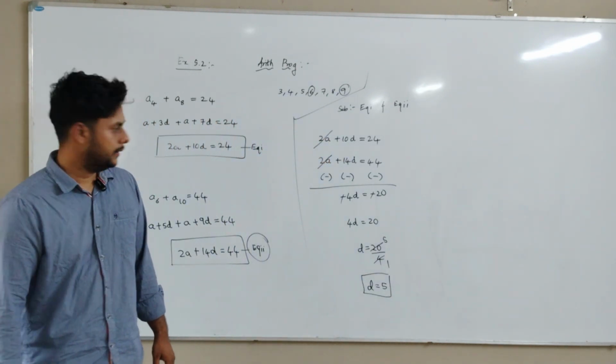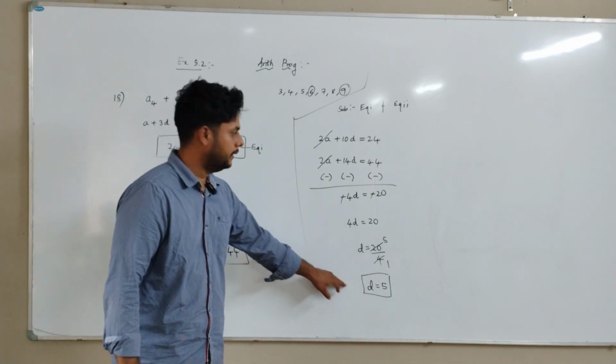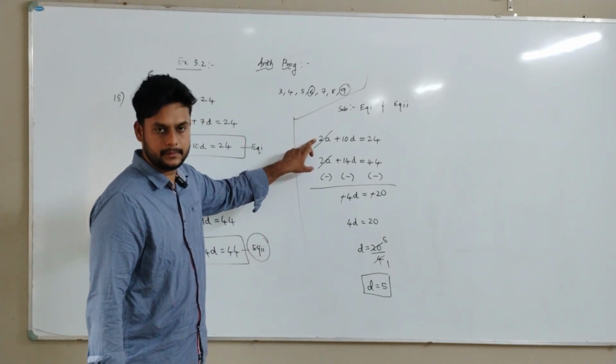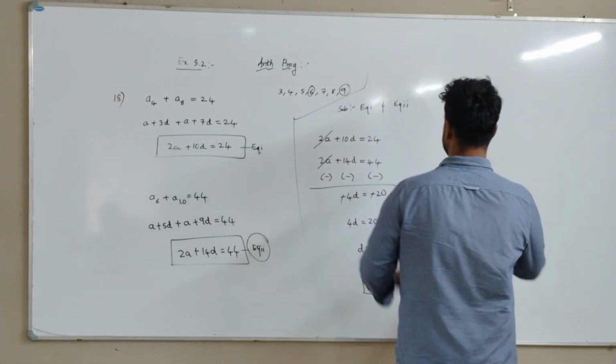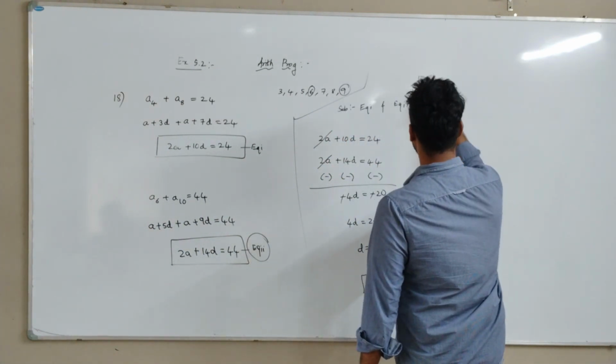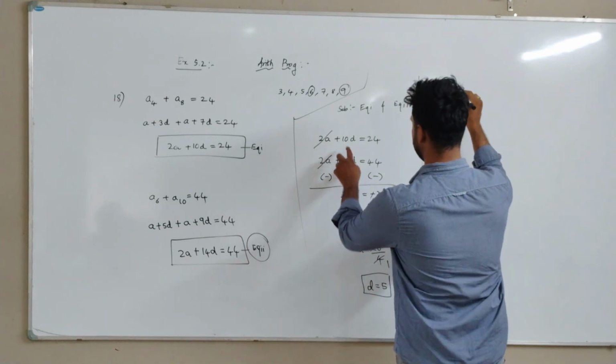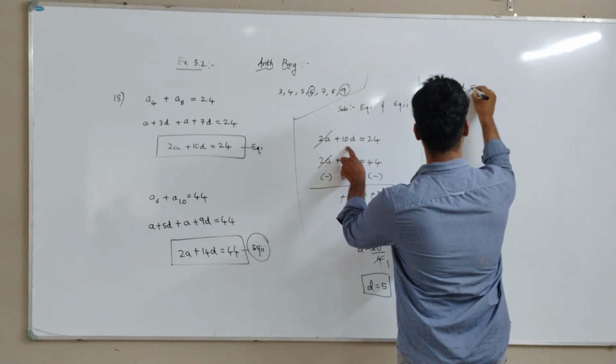Understood? Now I can take this answer D and put it in equation 1, because then I can easily find A. So 2A plus 10D is equal to 24.